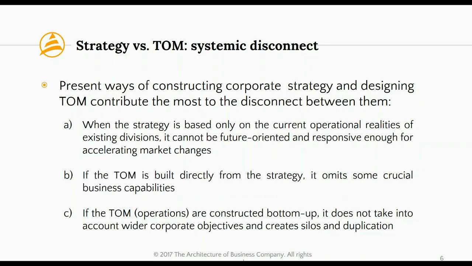Case B. The practice shows that attempts at defining and building TOM directly from the strategy tend to miss serious internal issues in organizational and operational structures, as well as in technology capabilities. This results in missing certain crucial business capabilities during planning and implementation.